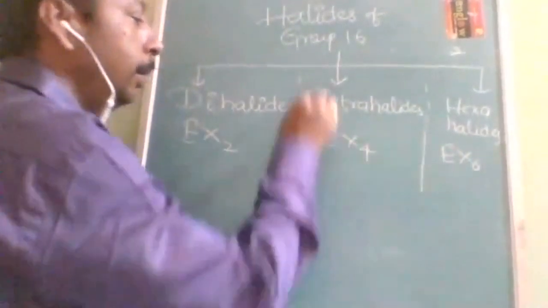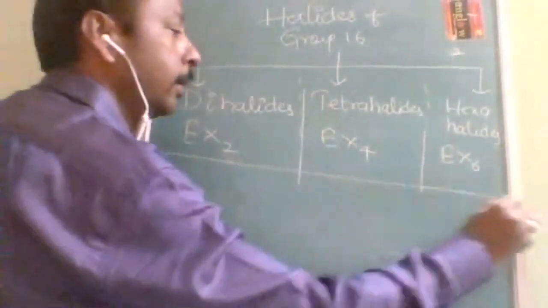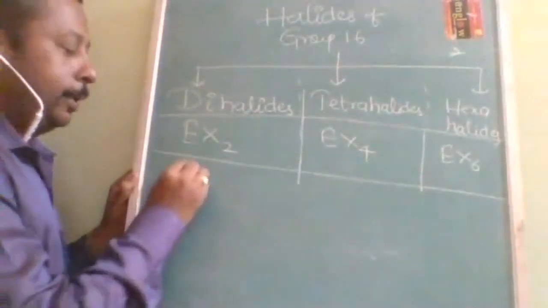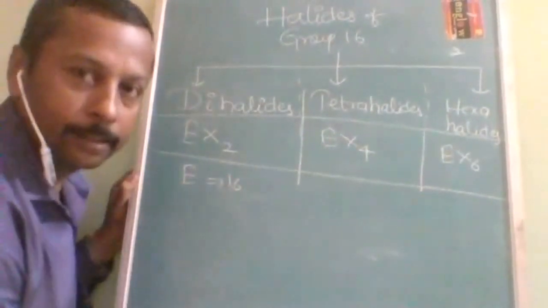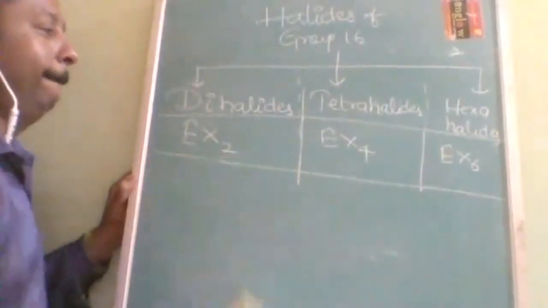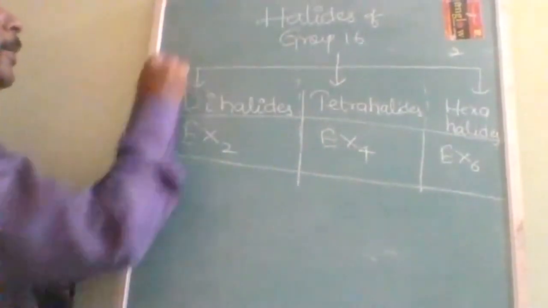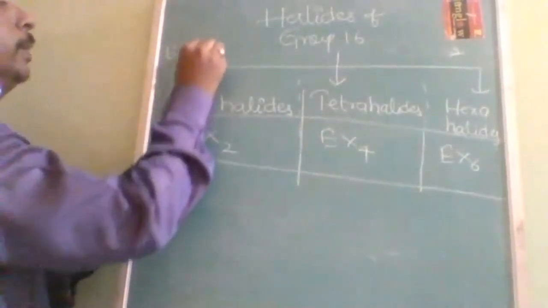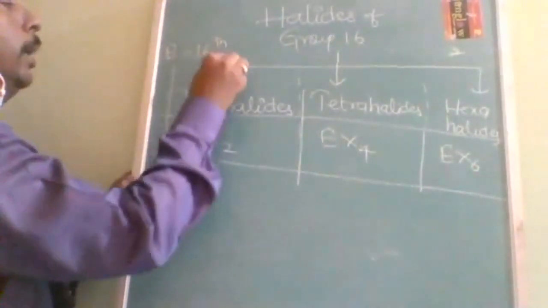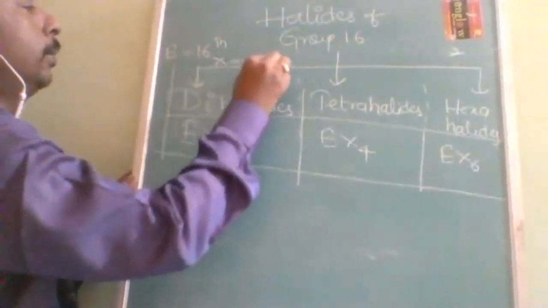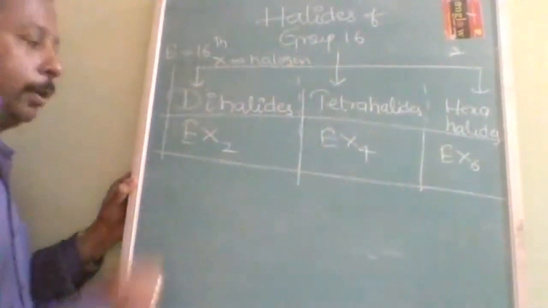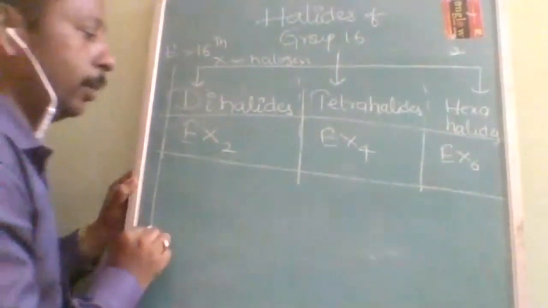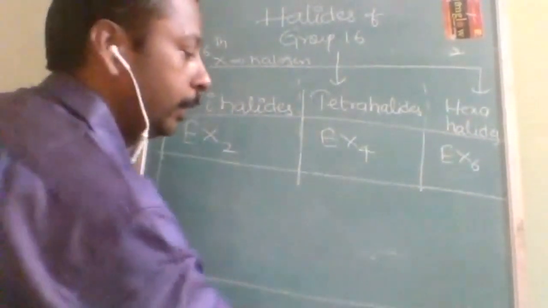E stands for the 16th group element and X stands for halogen. Now there are certain common properties we will discuss here itself.